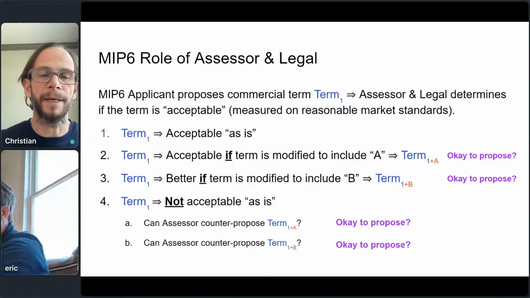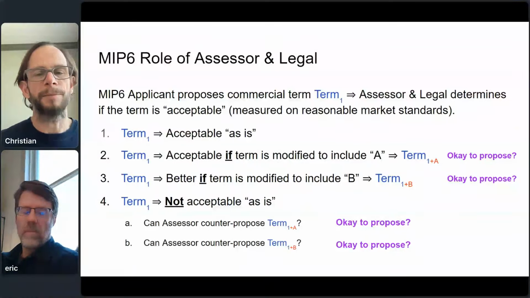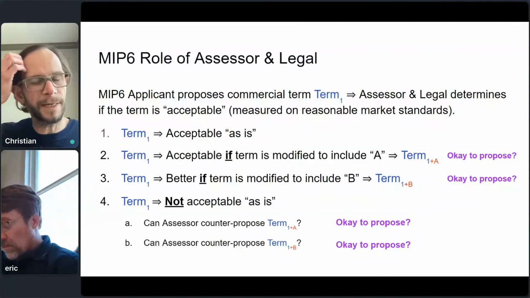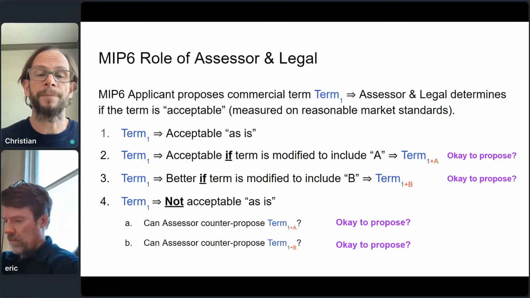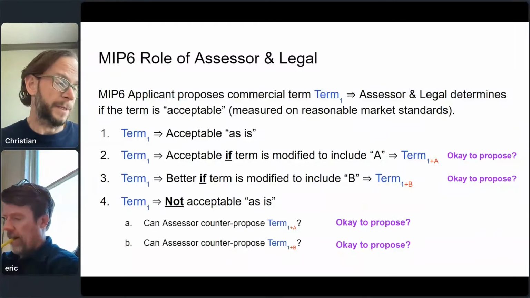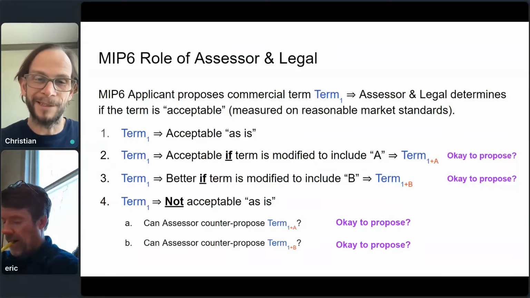What does acceptable mean? Acceptable means that we look at that term based on reasonable market standards. If it's a real estate deal, we try to understand what the real estate market has for that particular standard. If it's a solar financing deal, we look at what solar financing does in that particular market.